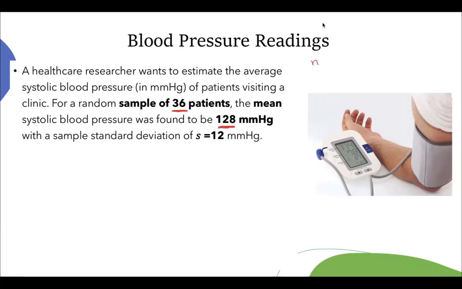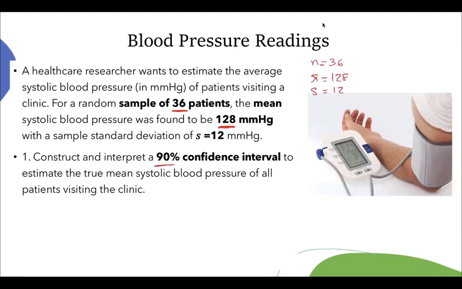So I'm going to write these things down as we're coming across them. That's the mean of the sample, X bar, 128. And the sample standard deviation is provided instead of the population standard deviation as 12, which means we're going to be using the t-distribution.